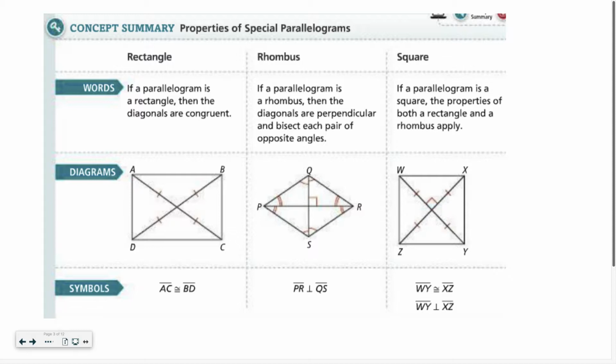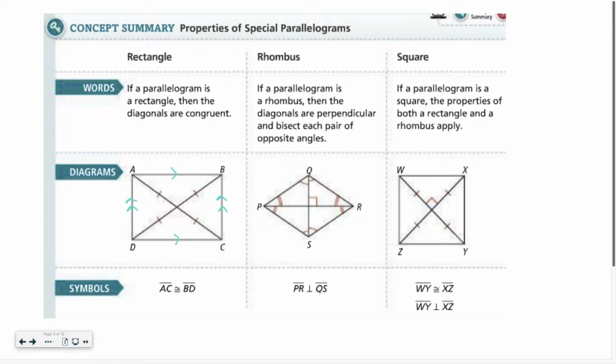So if we look at that first column, rectangles, remember, rectangles inherit everything from parallelograms and quadrilaterals. So a parallelogram has two sets of parallel sides, so that means our rectangle does as well.